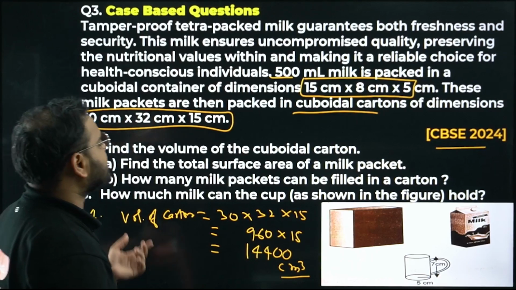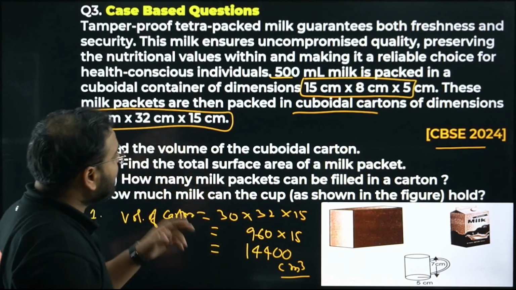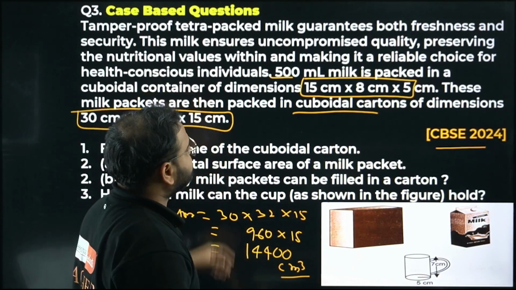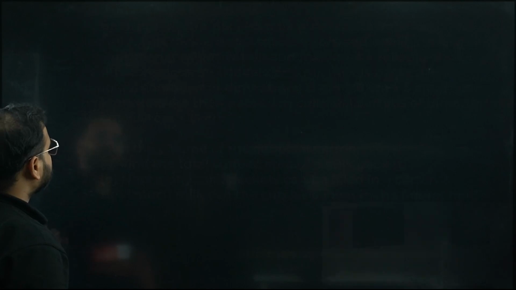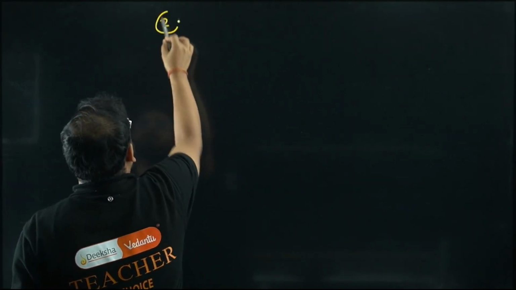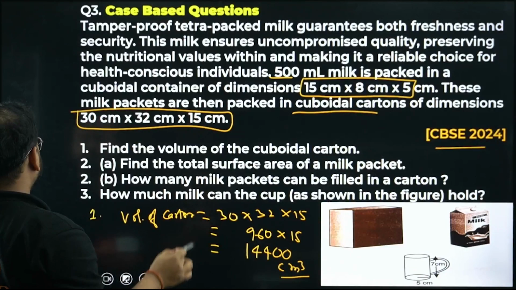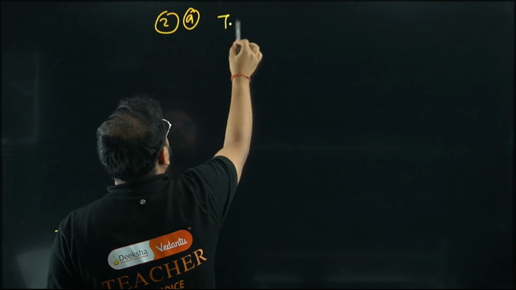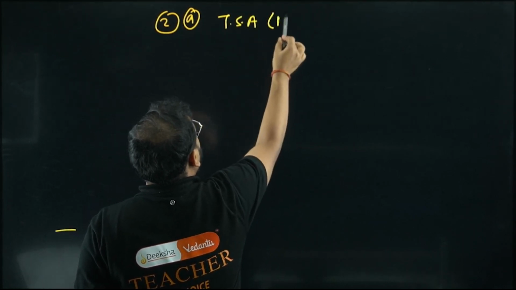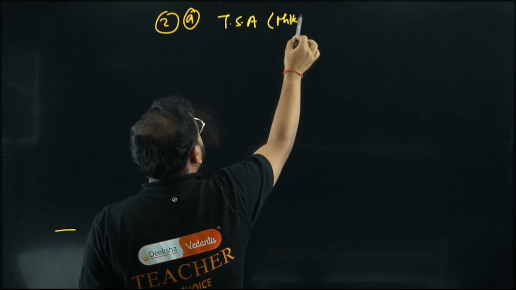2A. Find the total surface area of the milk packet. This is the milk packet, right? They're asking total surface area. Okay, let's do it over here. So part 2, 2A. TSA of the milk pack.